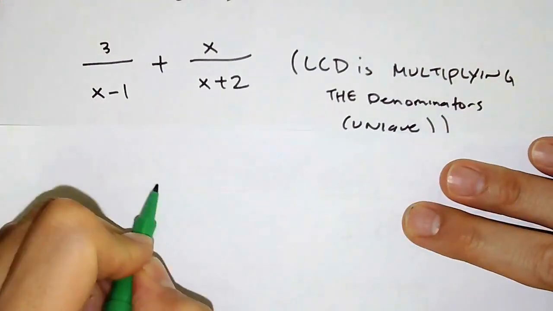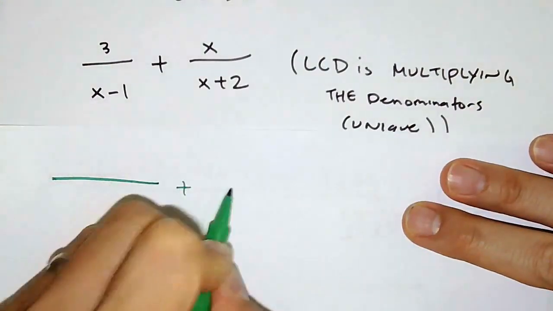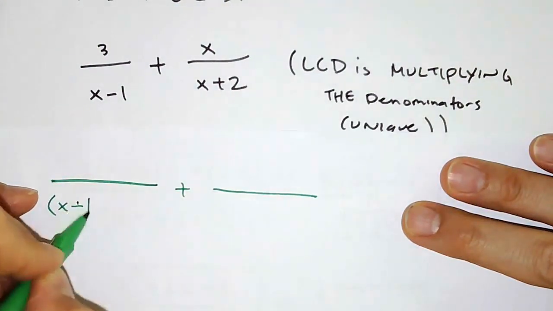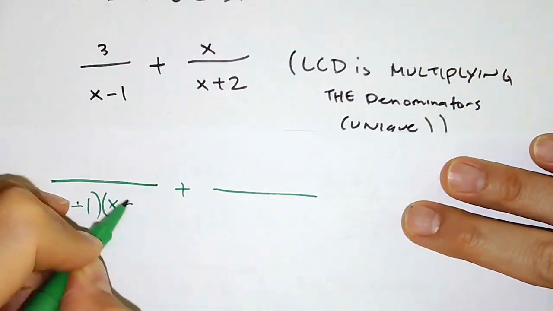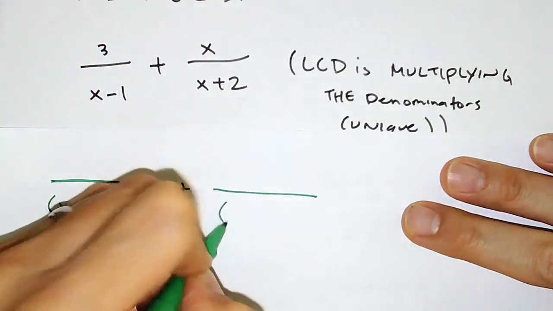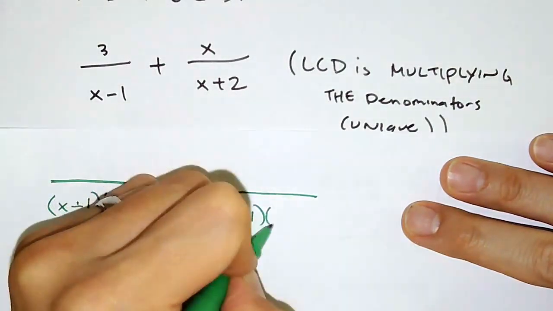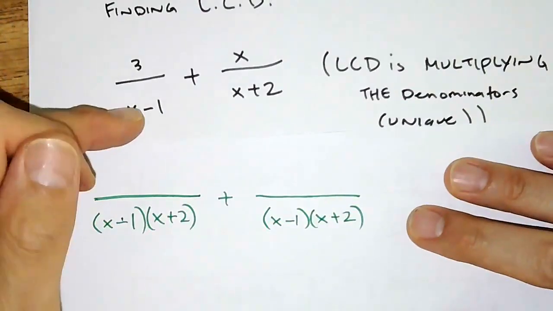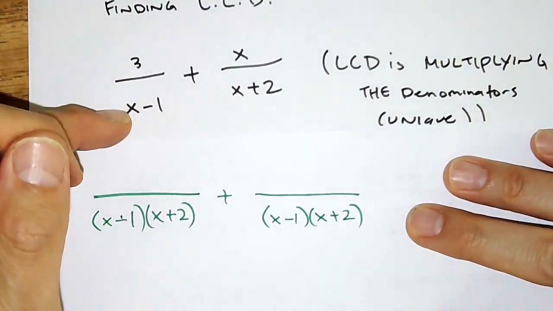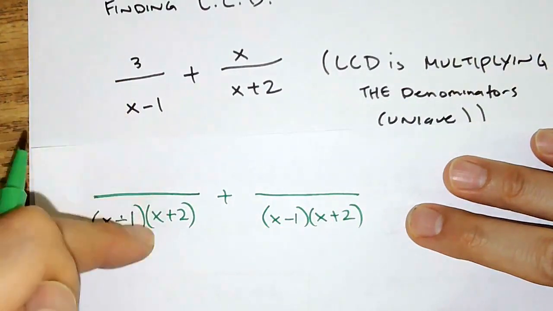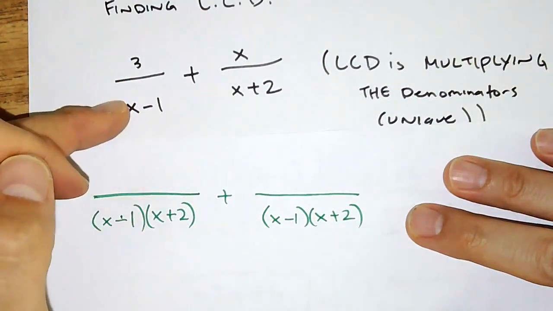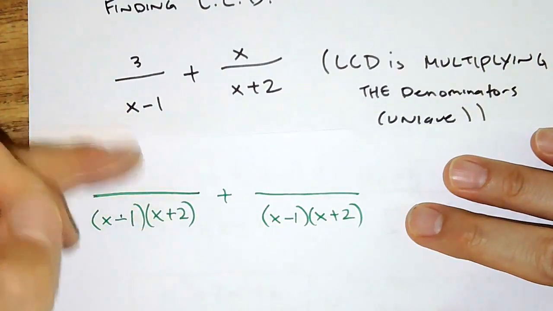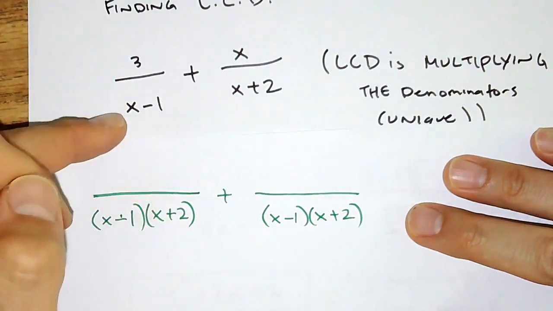So if it is my denominator, x minus 1 times x plus 2, x minus 1 times x plus 2. Fraction-wise, I multiplied by x plus 2 to get this denominator, right? I need to multiply by x plus 2 to get the same denominator.